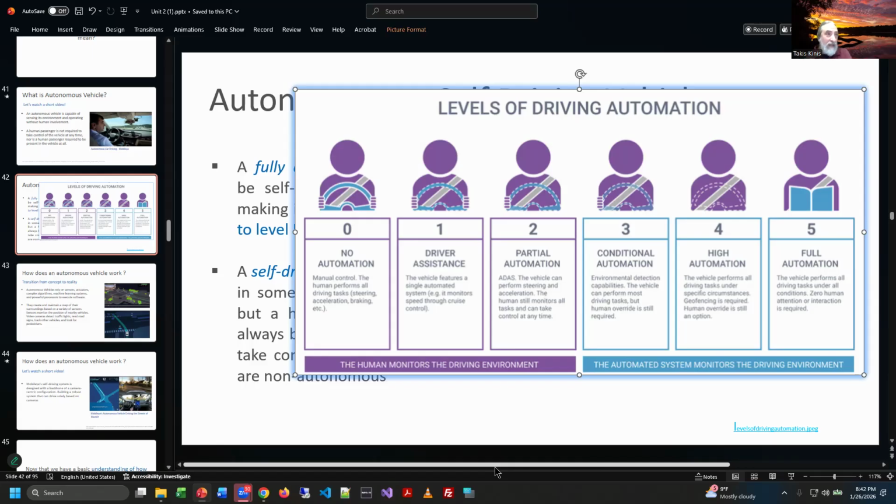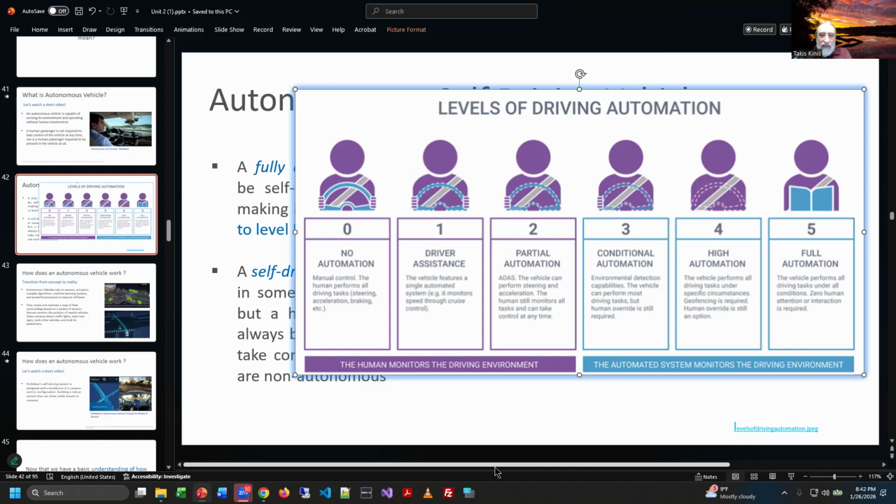There's driver assistance, and that's kind of what I had, maybe a 1 or a 2 level on that Toyota Camry, where it would correct lanes for me a little bit, or if I had the cruise control on and I'm getting too close to somebody, it would slow me down, that type of thing.